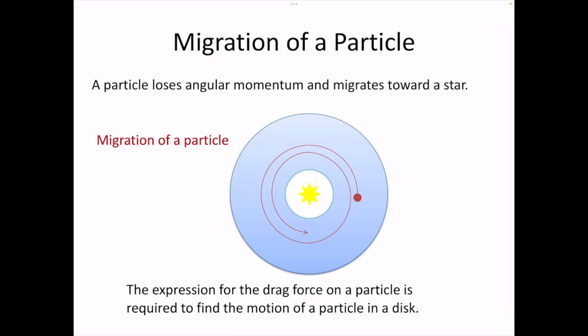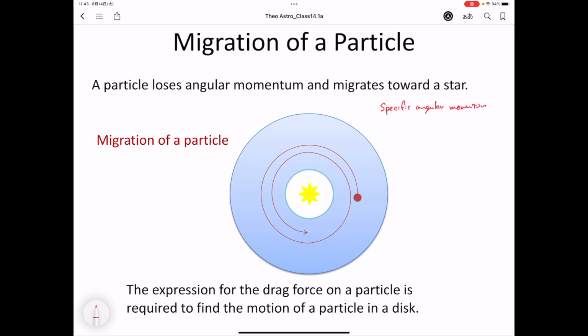Migration of particles. A particle loses angular momentum and migrates toward the star. So we consider particles in a disk. The specific angular momentum is expressed as angular momentum per unit mass, r times the rotational velocity v. And the rotational velocity v is the Keplerian velocity, square root of GM_star over r. Then you can substitute this v into here.